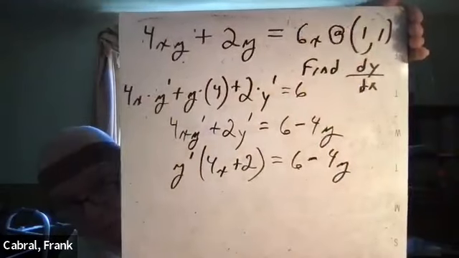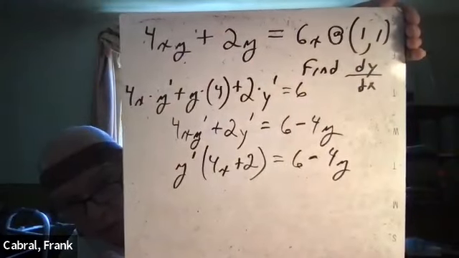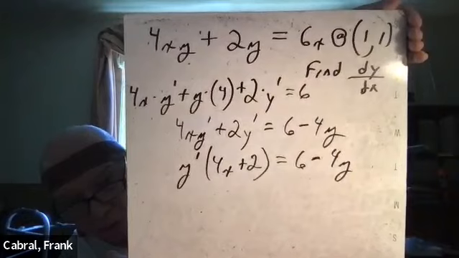So let me show you this. Last step will be to divide now by that term just to the right of the y prime. So I'm dividing by 4x plus 2, and on the other side by 4x plus 2.